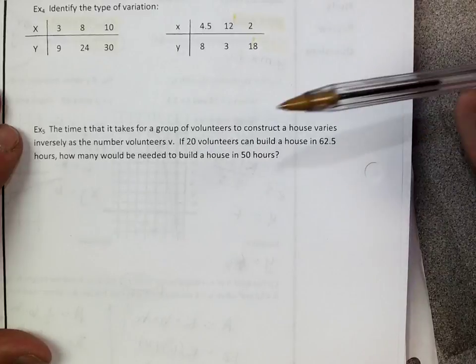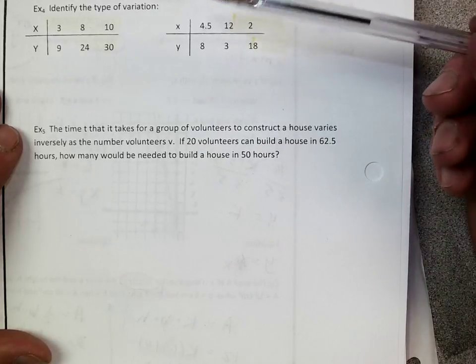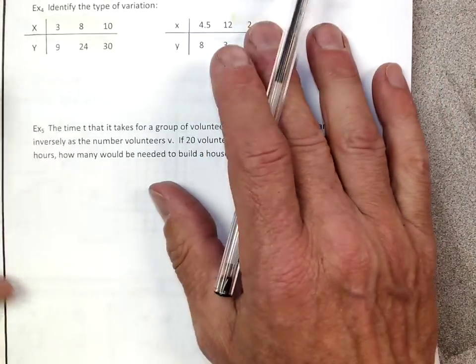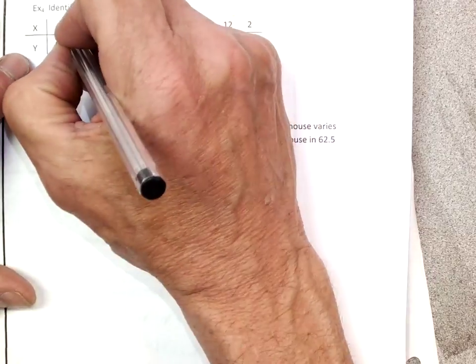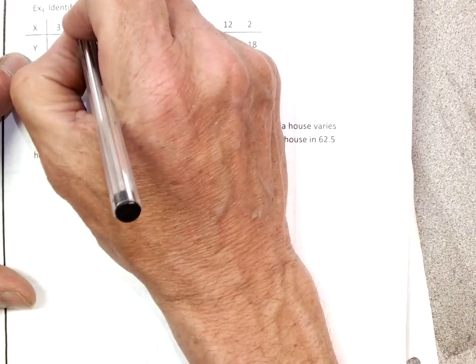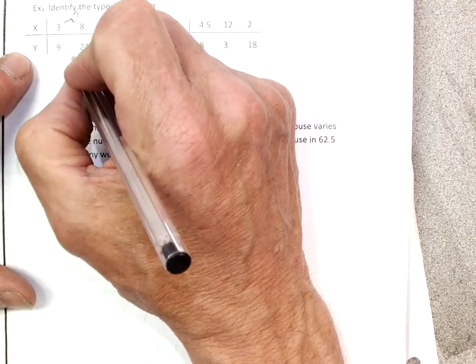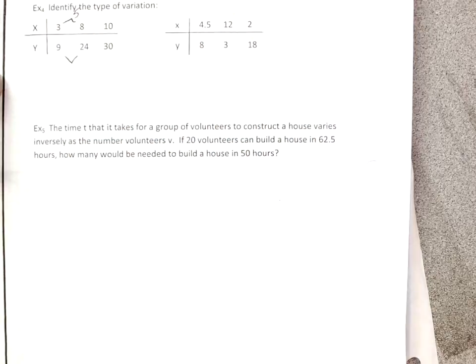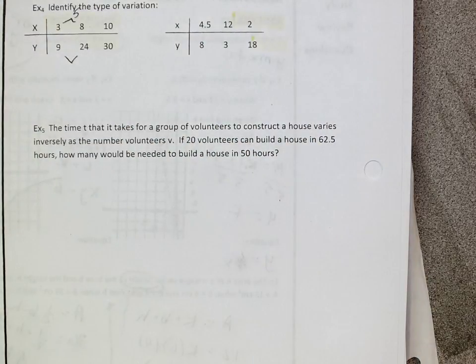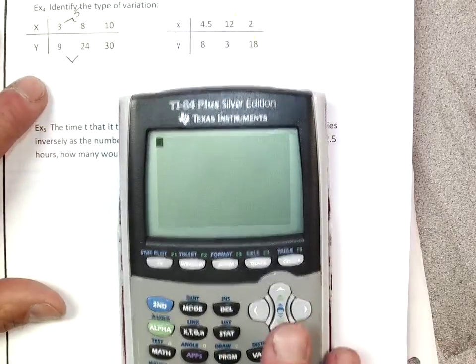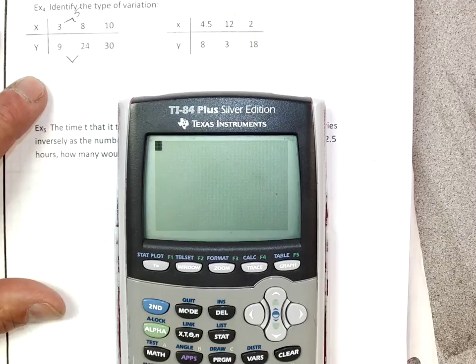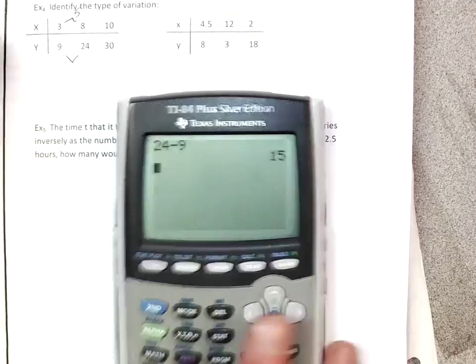But it might be direct, right? So how could I tell? Well, see, it goes up by 5 when the other goes up by how much? 9 and 24. So 24 minus 9, it went up by 15.